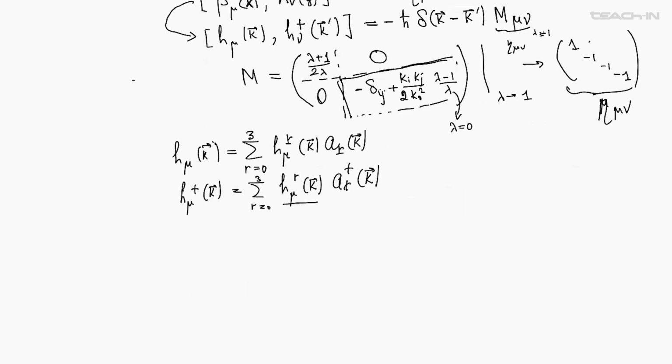I want it to be real, and I want to choose it in such a way that between these oscillators, A_R of k and A_S dagger of k prime, the commutation relations will be canonical: minus h bar eta RS delta of k minus k prime. This is what I want. And so the question is how to choose such a Vierbein that these equations will be satisfied.